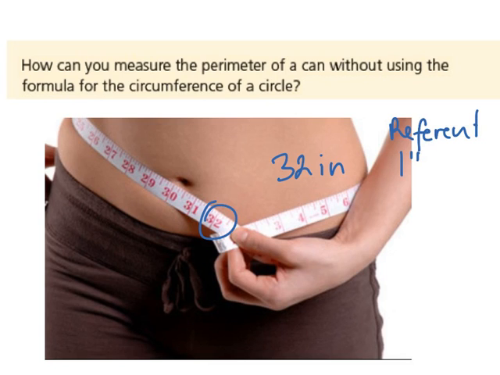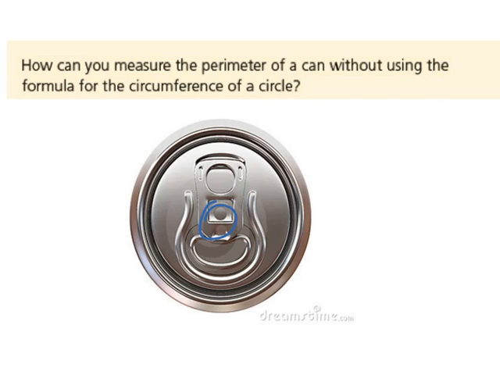But what if we do not have a tape measure like this? We would have to use a different referent, whether it is your thumb or other parts of your body that you know the measurement of. It doesn't matter.